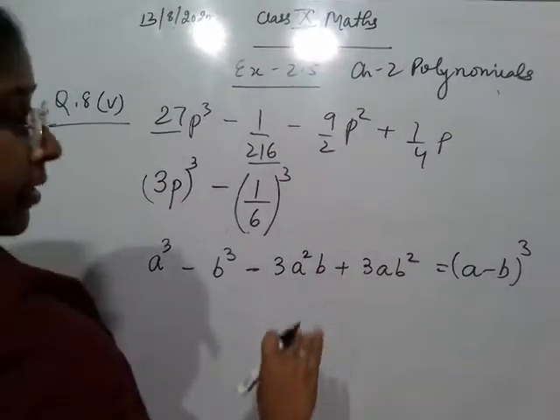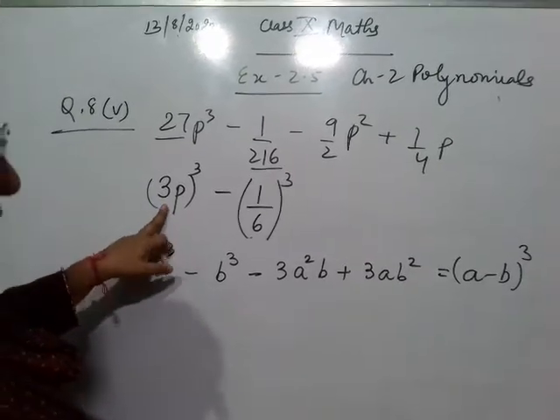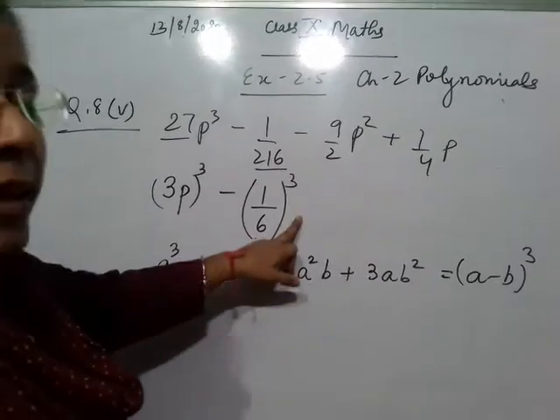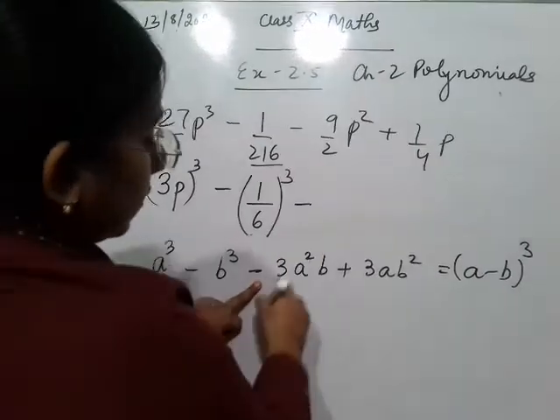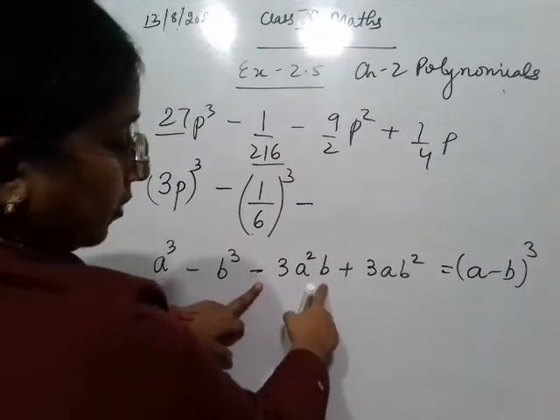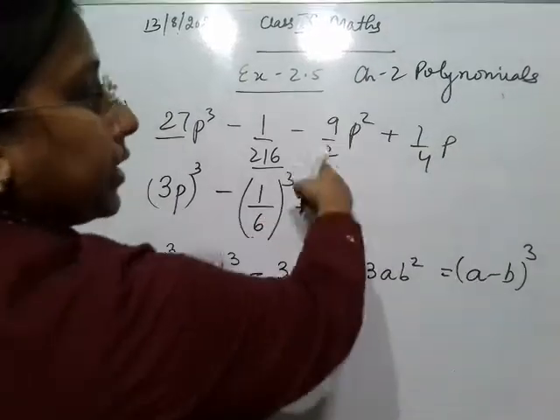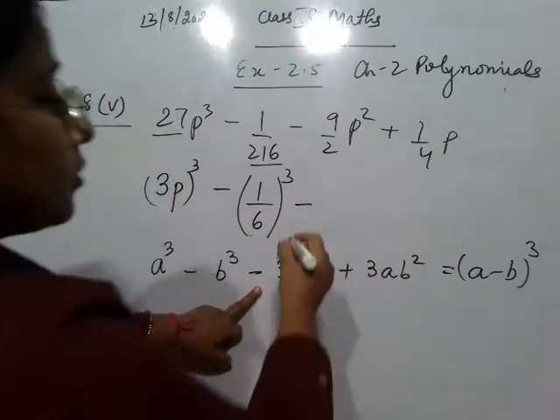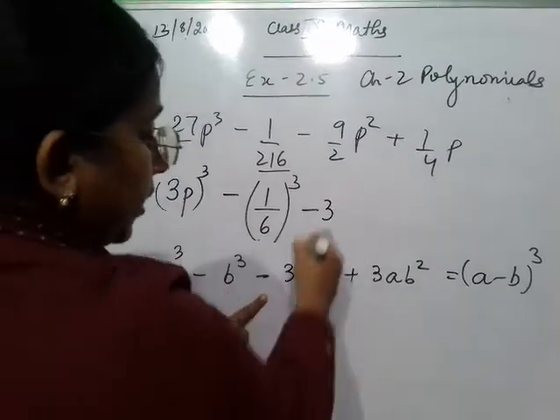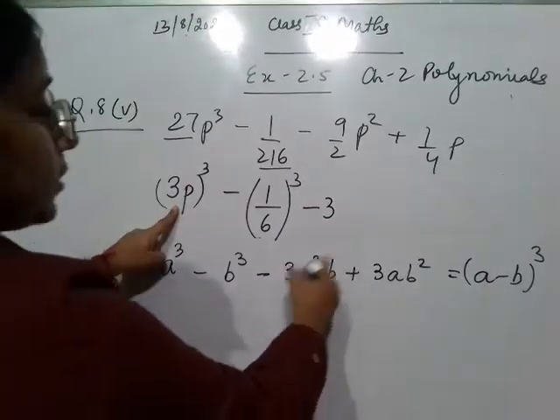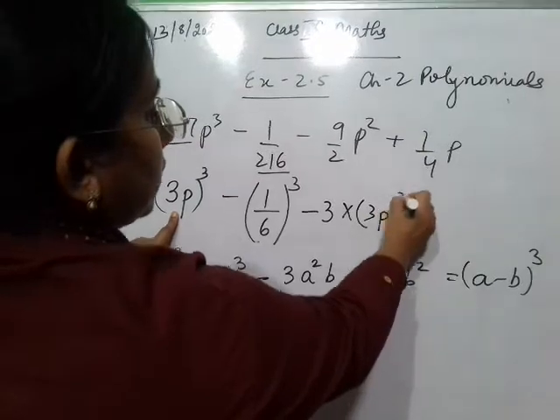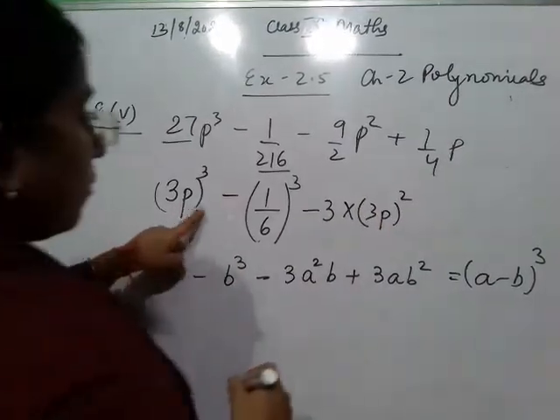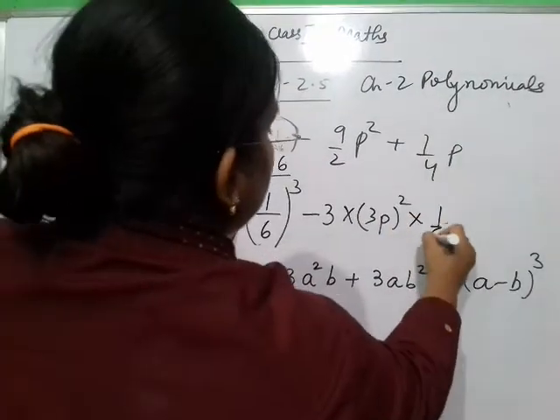Directly we can write (a minus b) whole cube because we have got a and b, but we need to write in steps. So next we will convert this 3a square b and then we will check whether we are getting the same thing or not. So we will put minus 3 into a square. Now what is a square? (3p) whole square, it is a square into b, b is 1 by 6.